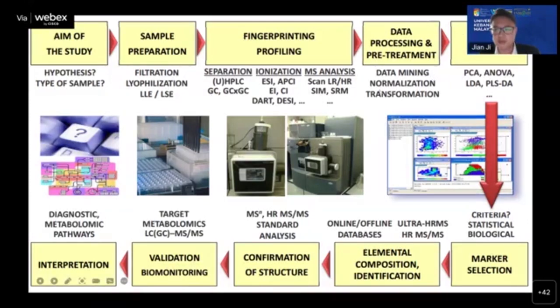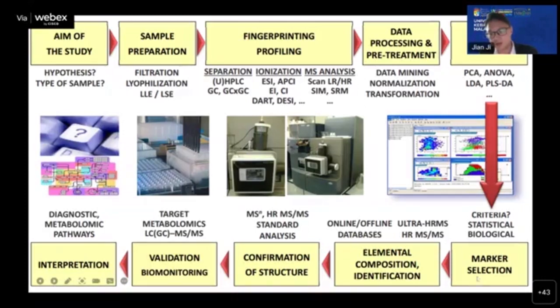So we have to do normalization and transformation to bring the concentrations into a limited range, and then we do the data analysis like PCA or PLSDA to select the statistically significant compounds, which we can verify. After the statistical analysis, we get some compounds. Maybe they are very important, or maybe they are just statistically significant without biological meaning.